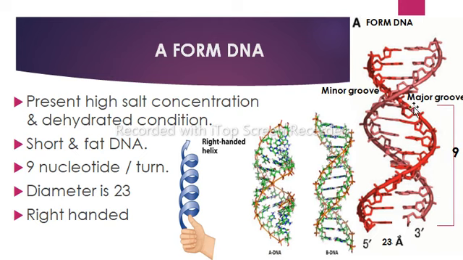In this form, 9 nucleotide bases are present per turn and the diameter of A form DNA is 23 angstrom, which is equal to 2.3 nanometer. It is a right-handed double helix DNA. Their base arrangement is changed, so their major groove is wide and minor groove is narrow and are slightly modified.